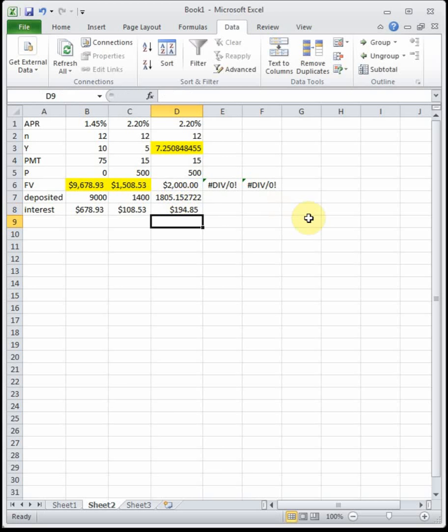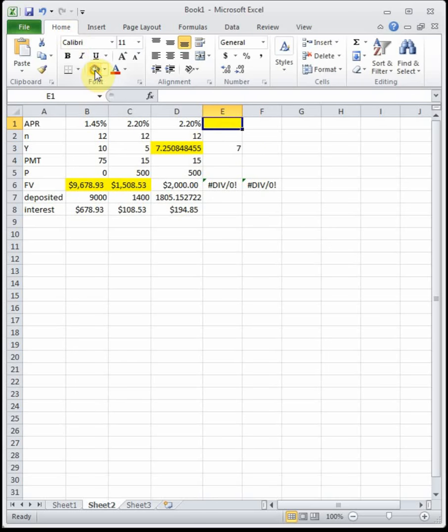And then at the bottom of the page, it says, similarly, Andrea wants to have a balance of $2,500 in only 7 years. We want to use goal seek to solve for the APR. So it says solve for the APR. That means we need to figure out what our APR is. For the monthly required, so monthly is 12, for the same amount in 7 years. So we're assuming that she's still putting $15 in a month with the $500 initial payment.